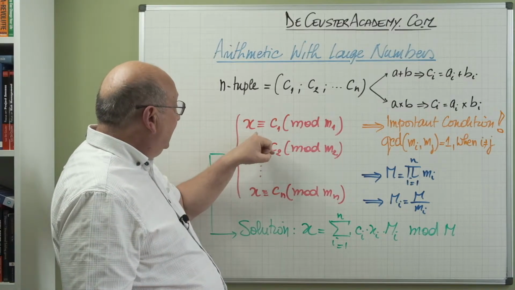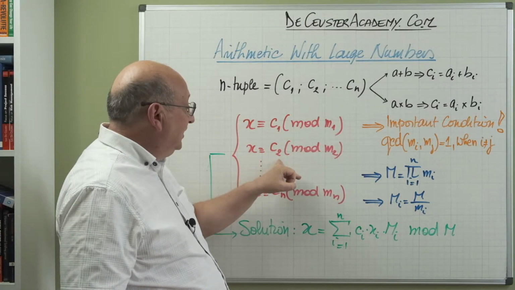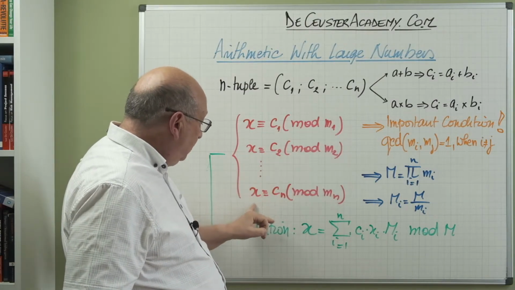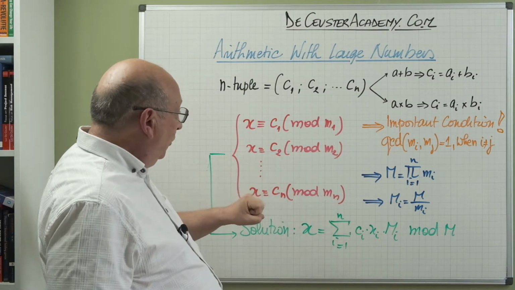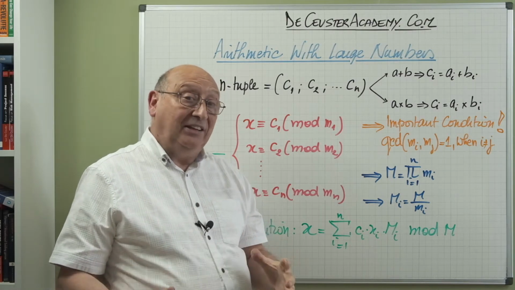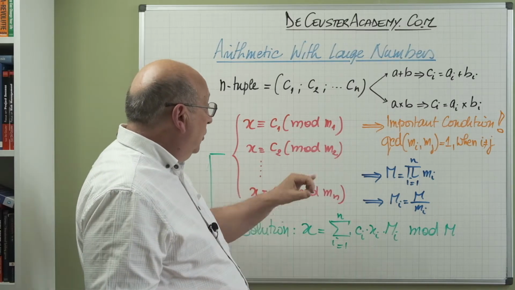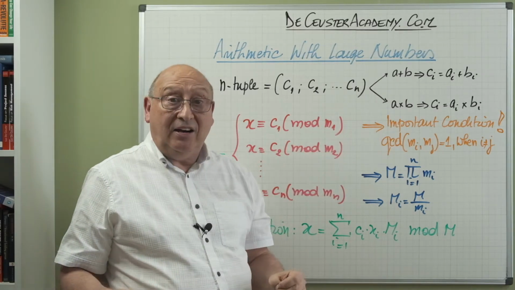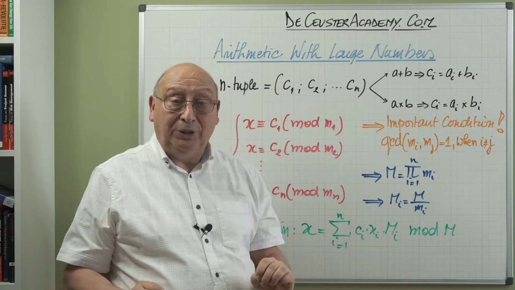And we say that x is congruent C1 modulus M1, x is congruent C2 modulus M2, up to x is congruent Cn modulus Mn. Now what is important here, when we look back at the Chinese remainder theorem, there is a unique solution when the moduli are relatively prime to each other.